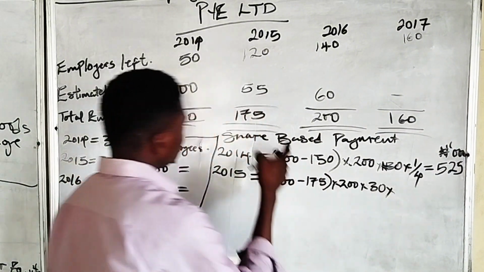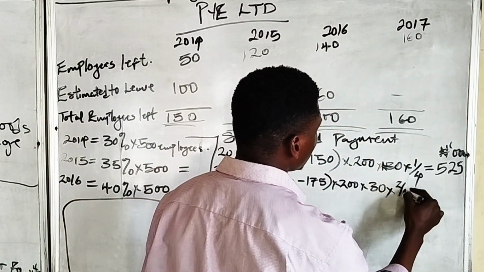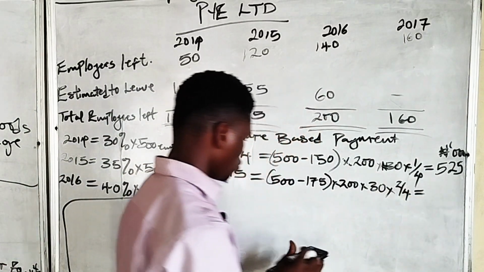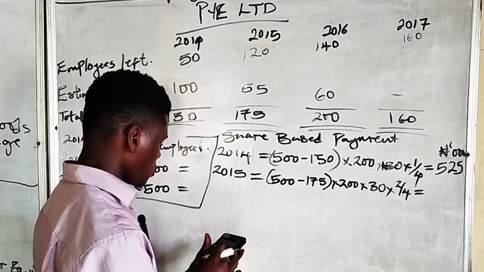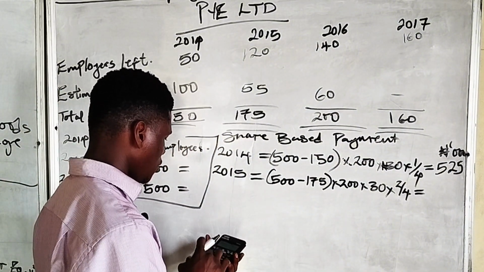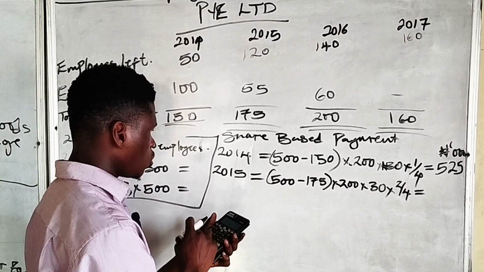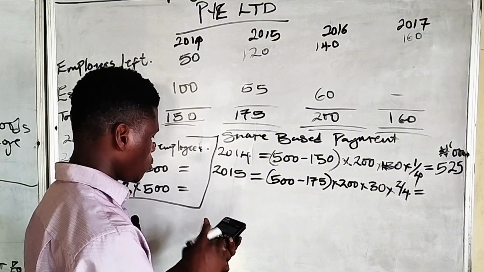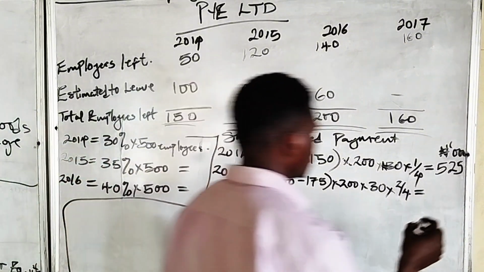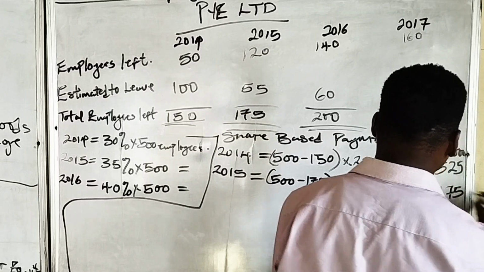Now, this is the second year out of 4 years, so this is multiplied by 2 divided by 4. So we have 500 minus 175 gives us 325 times 200 times 30 times 2/4. So this gives us 975,000.